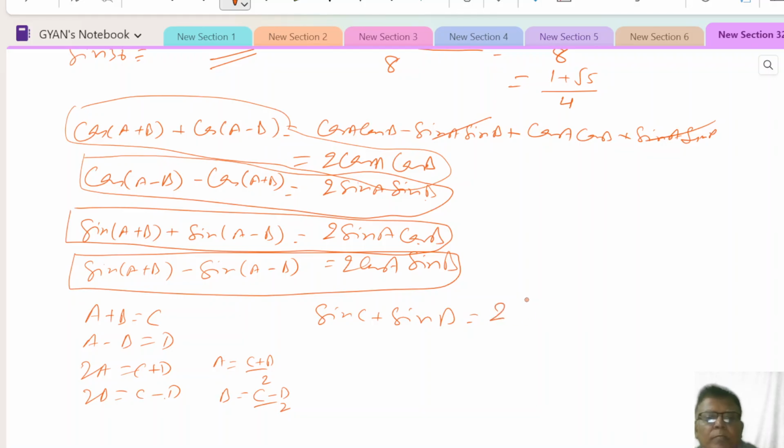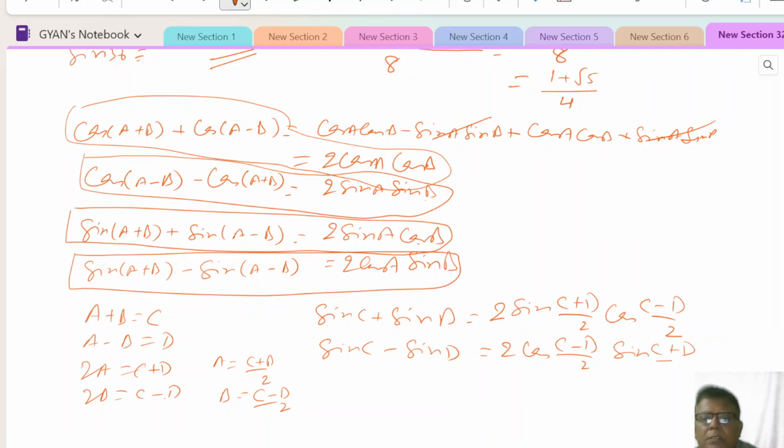So sin c plus sin d will be what? 2 sin c plus d by 2 into cos c minus d by 2. Sin c minus sin d is equal to 2 cos c plus d by 2 into sin c minus d by 2.